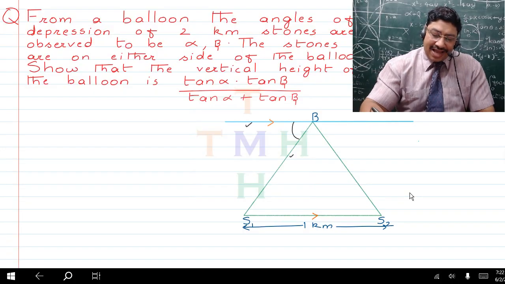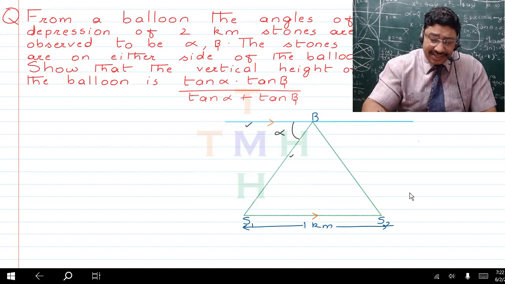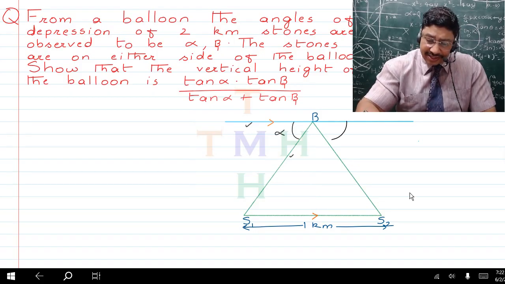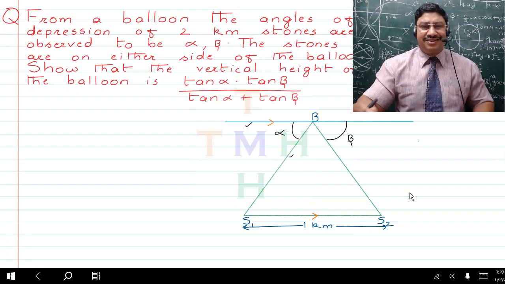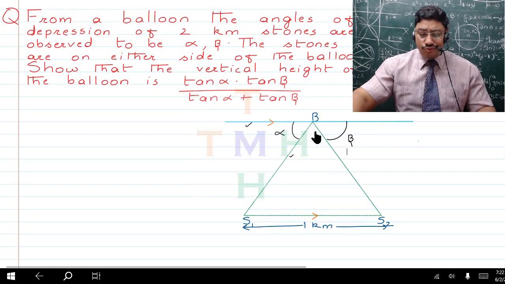So the angle between both of these lines is your angle of depression, and for the first case it is alpha, and for the second case, children, what is it? It is beta, right? So obviously here again in the same way we'll be talking about this straight line BS2 to be your second line of sight, and its angle with another straight line drawn from the eyes of the observer parallel to the horizontal, right, becomes the second angle of depression.